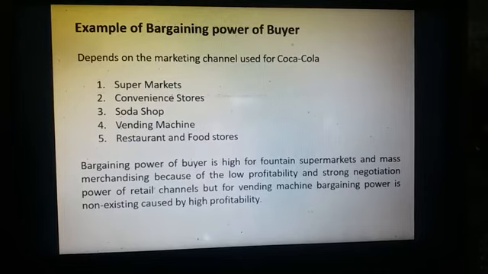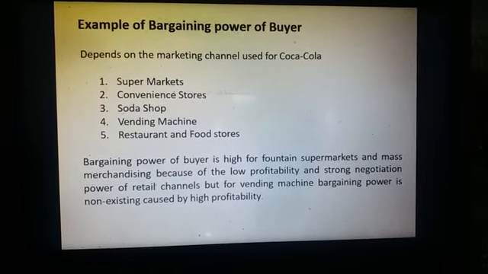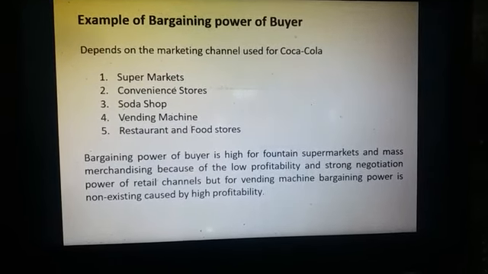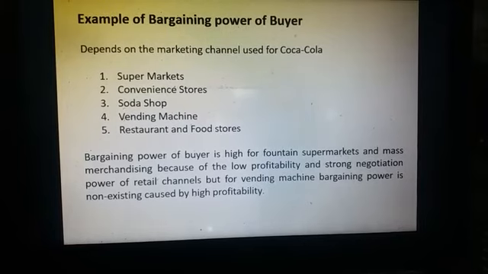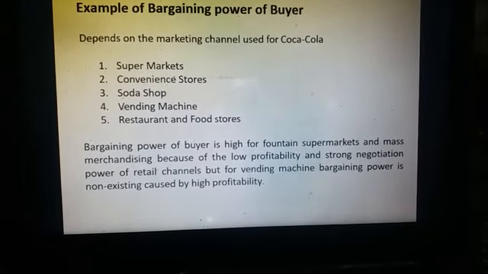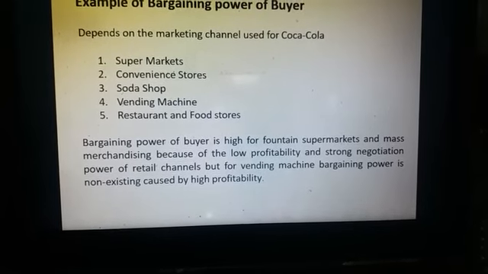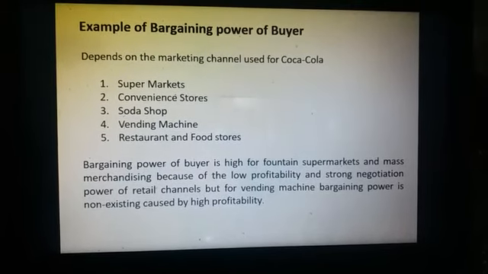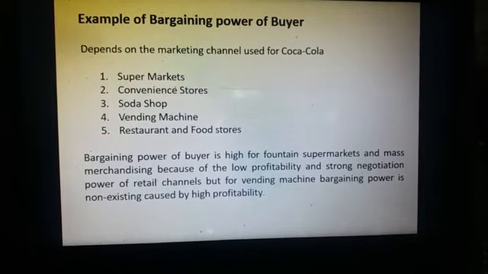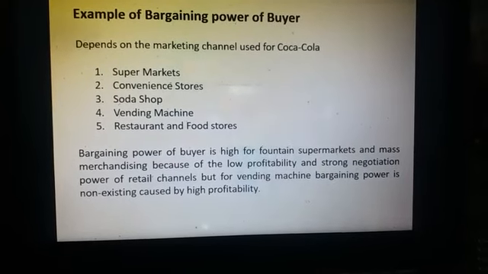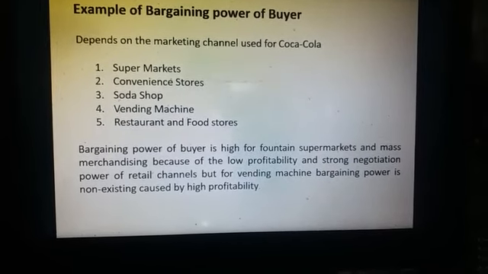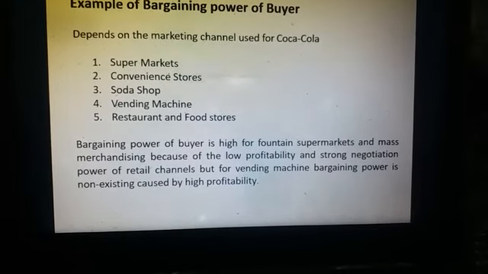For example, you are a buyer, I am a buyer. I want to buy a Coca-Cola. So it depends upon me whether I want to buy from a supermarket, convenience store, soda shop, vending machine, or restaurant. No matter what, the same Coca-Cola would be available at each and every store. But the price, 1 rupee, 2 rupees, may vary. So it depends upon the customer from which particular shop I want to purchase.